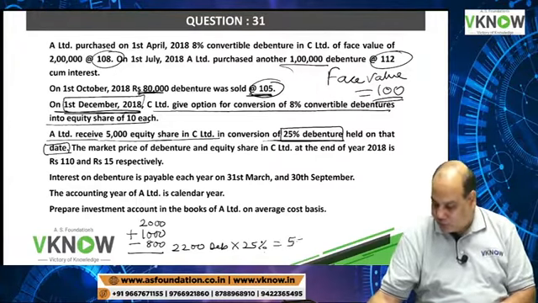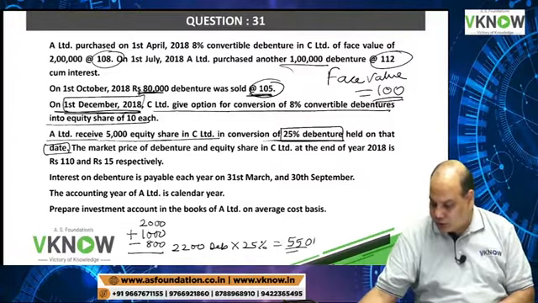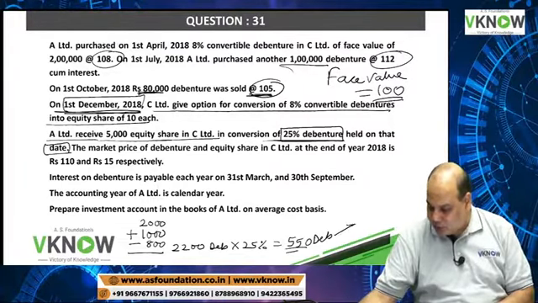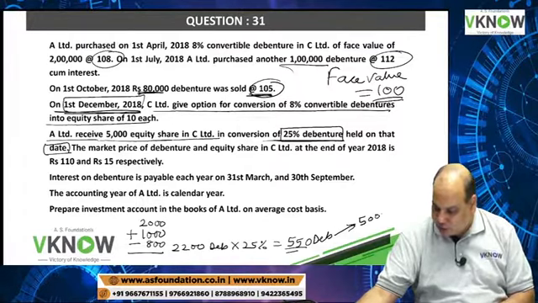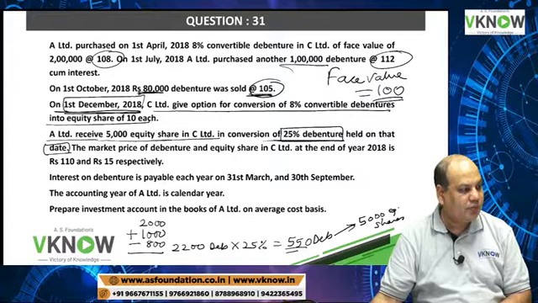That is 550 debentures will be converted into 5,000 equity shares.